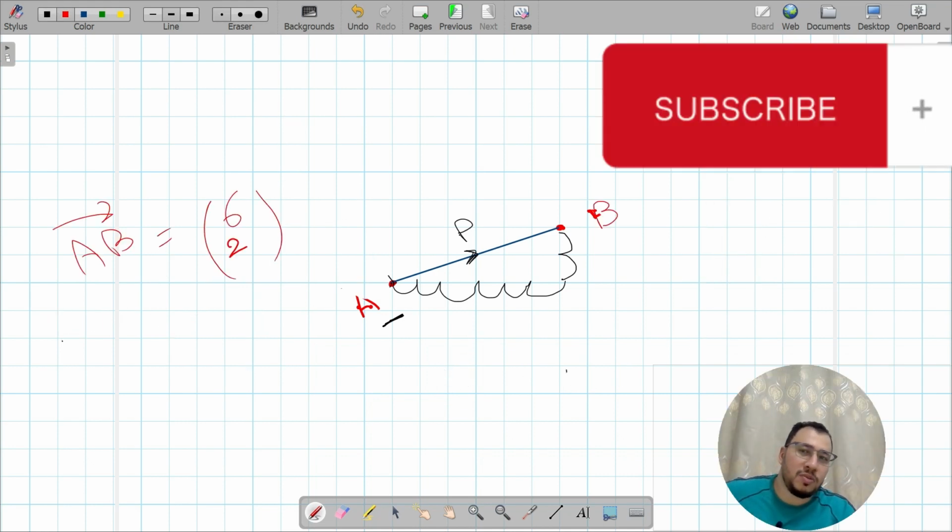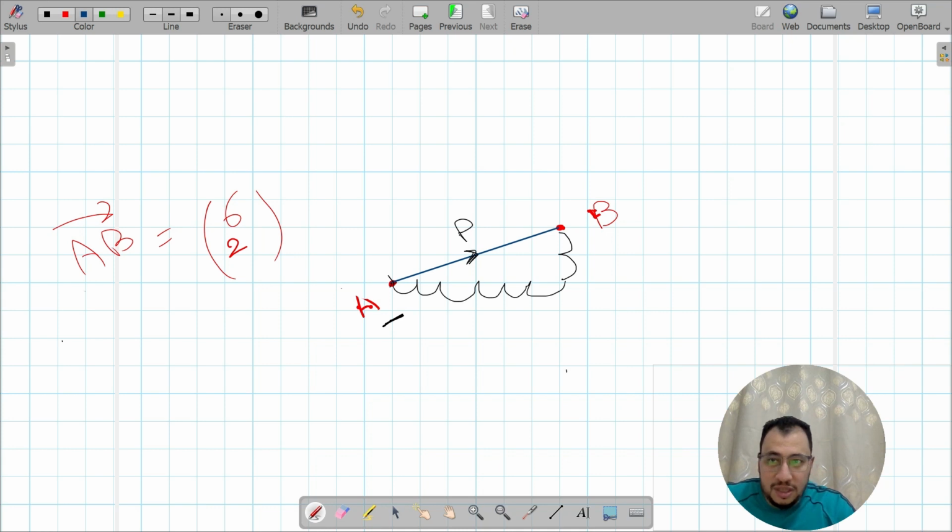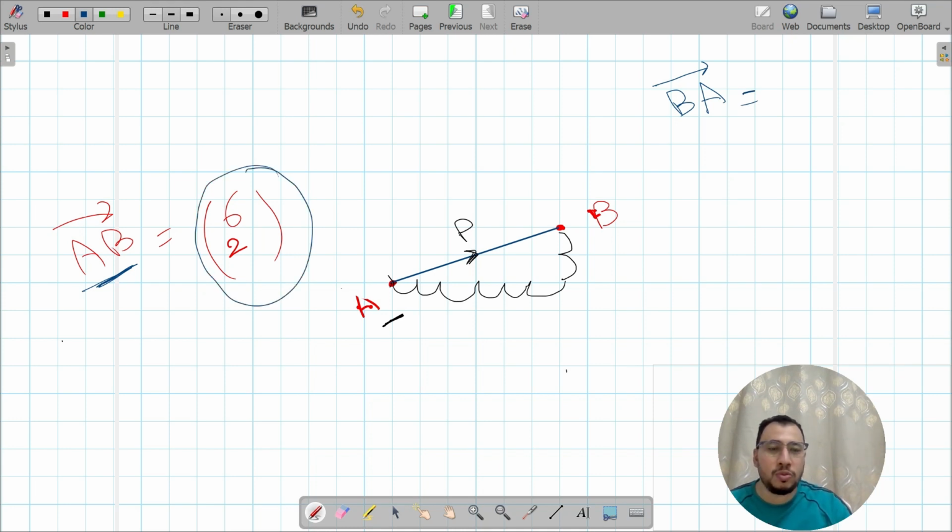Pay attention to this point, please. As I told you, direction is very important in vectors. When we write AB, that means from point A to point B in this direction. What if we need to write BA? BA is in the opposite direction, so every sign is going to be switched.